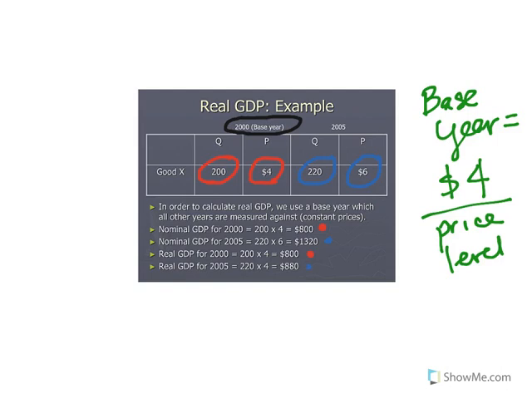So now we can look at it in real terms. In other words, when we've adjusted for inflation, we see the amount of output that was produced in 2000 was $800, and the amount of output that was produced in 2005 was $880. So that now we're looking at it in real terms. We can still see that there was an increase in output, but not nearly as much as we would have assumed if we had not adjusted for inflation.